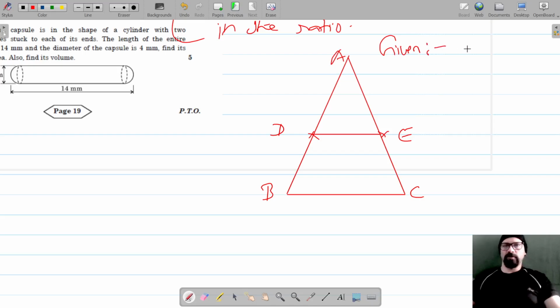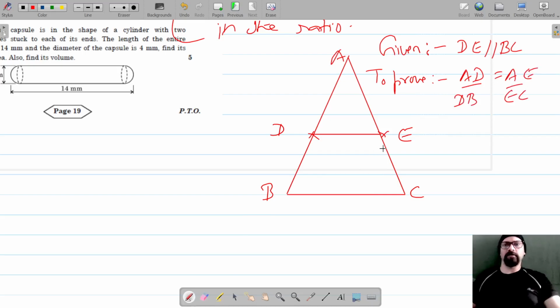So what is given to us is that DE is parallel to BC and we have to prove that AD by DB is equal to AE by EC.